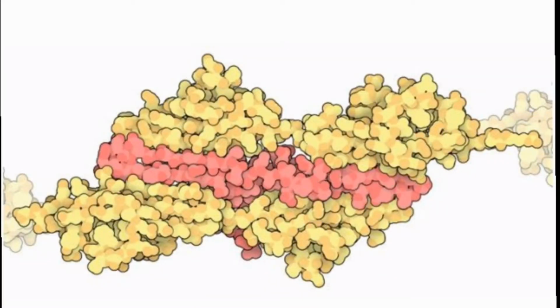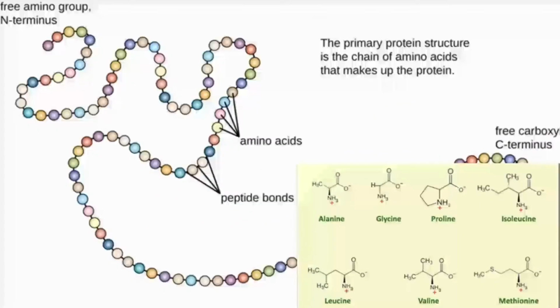If you watched the previous video, you may have inferred that the amino acids in these chains are monomers for the polymers of what's known as a polypeptide chain. So each chain of these amino acids is known as a polypeptide. For smaller proteins that only consist of one chain of amino acids, that polypeptide is the protein itself.